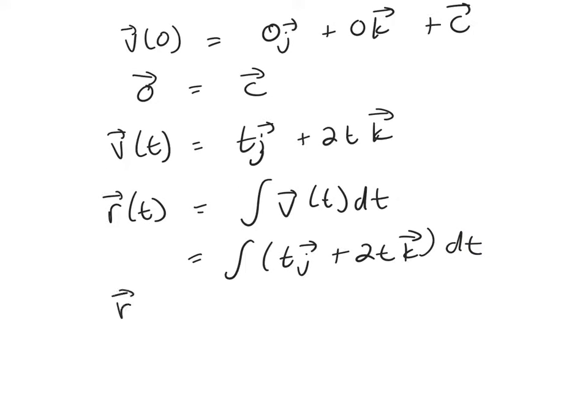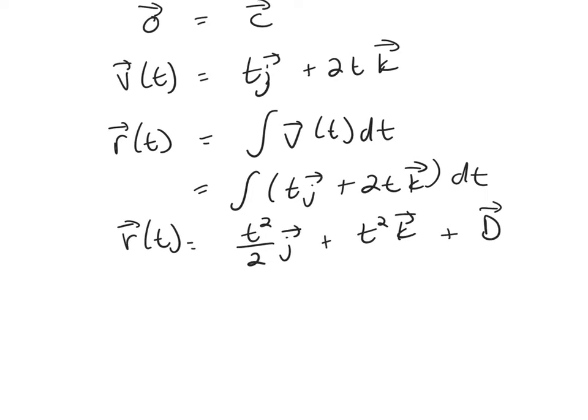So our vector r, integrate t, you'll get t squared over 2 j. Integral of 2t would be t squared. Plus, again, we get some kind of constant vector, but I'll use a different letter than we used before. Let's call it d.